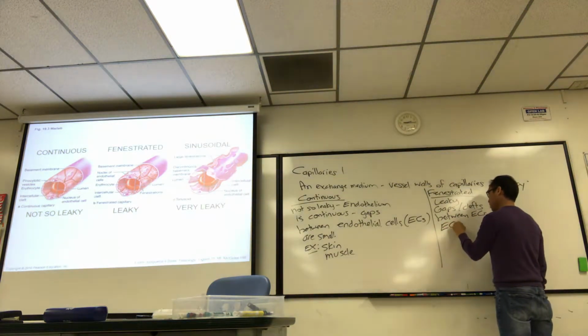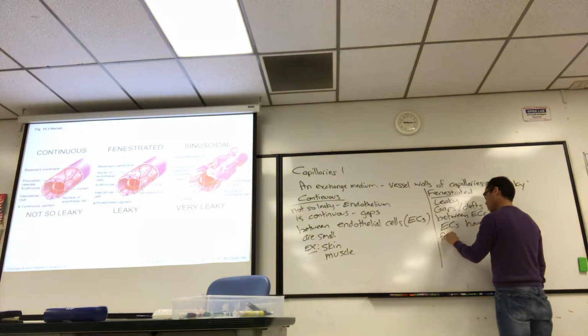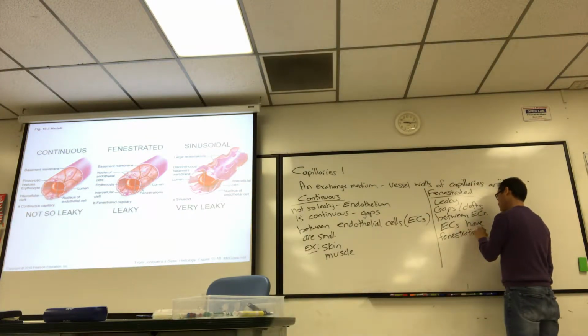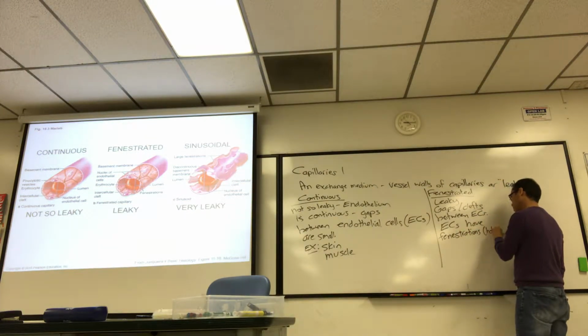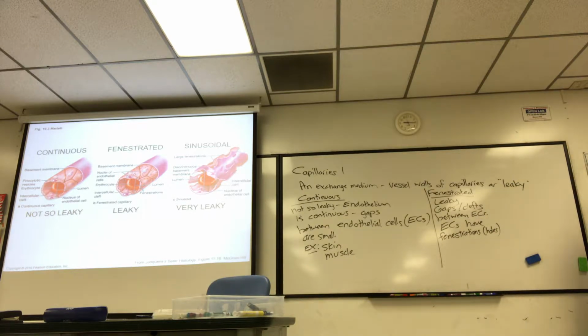ECs have fenestrations. So they're porous. They allow things to pass more easily, things like hormones and larger molecules.